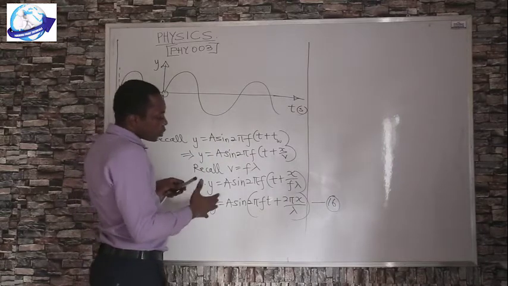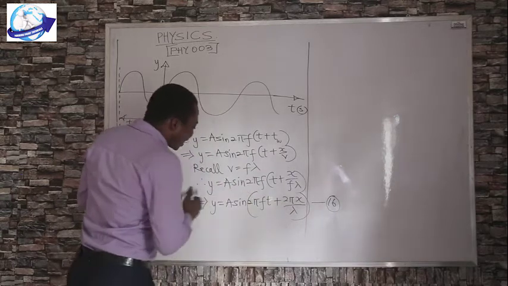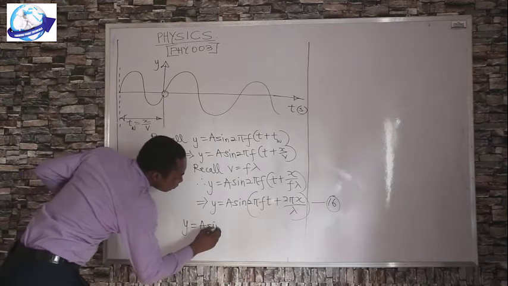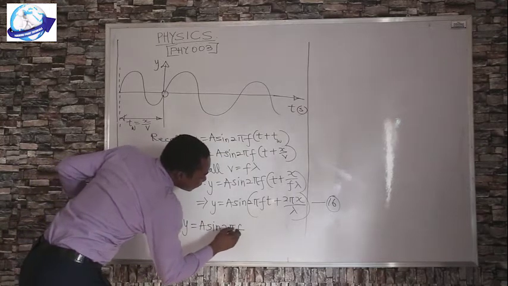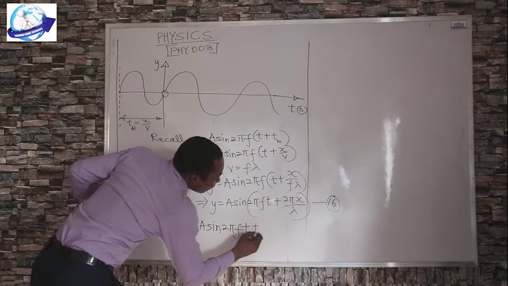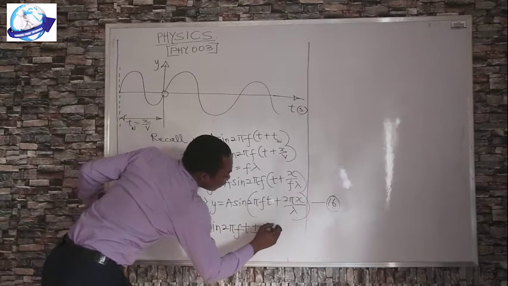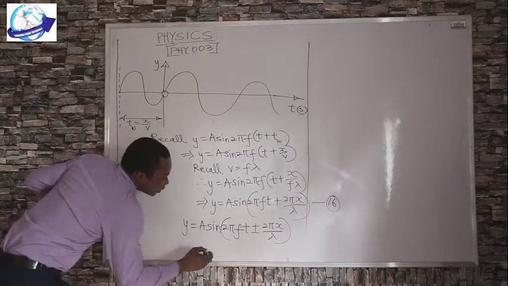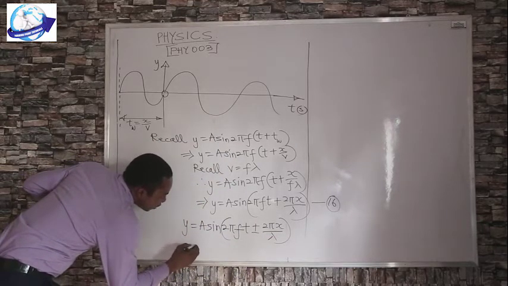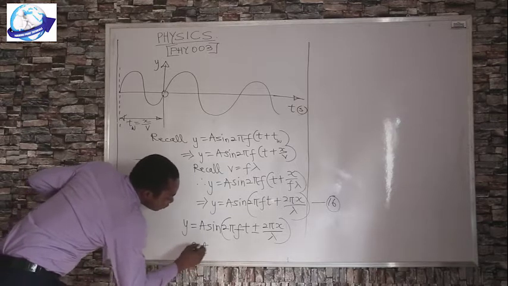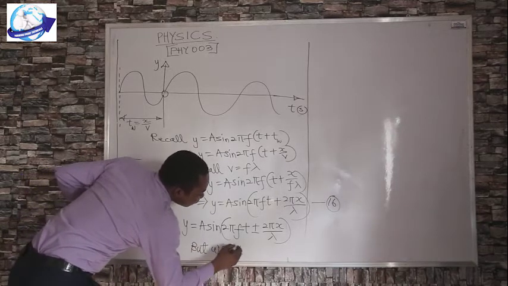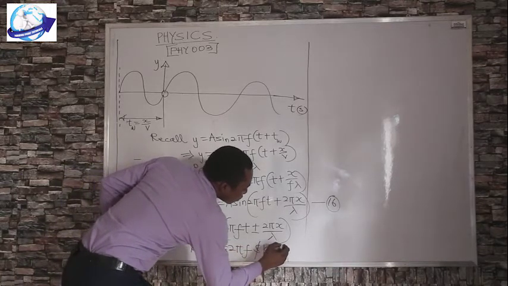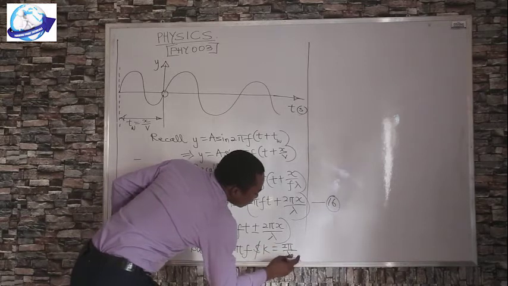Then we can generally put everything together as y equals a sine 2 pi ft plus or minus 2 pi x over lambda. But we know quite well that omega is equal to 2 pi f, and k is equal to 2 pi over lambda.